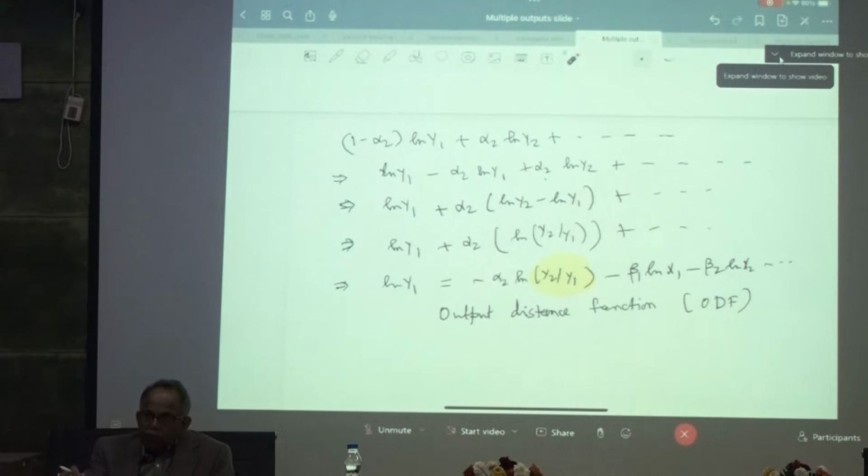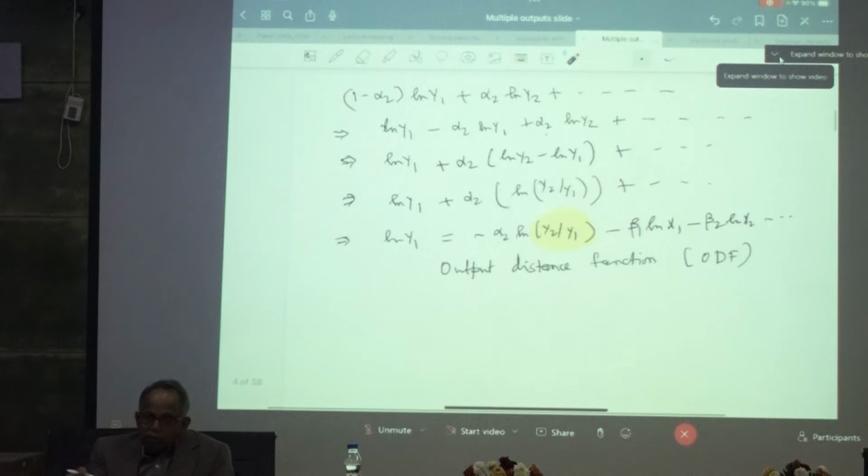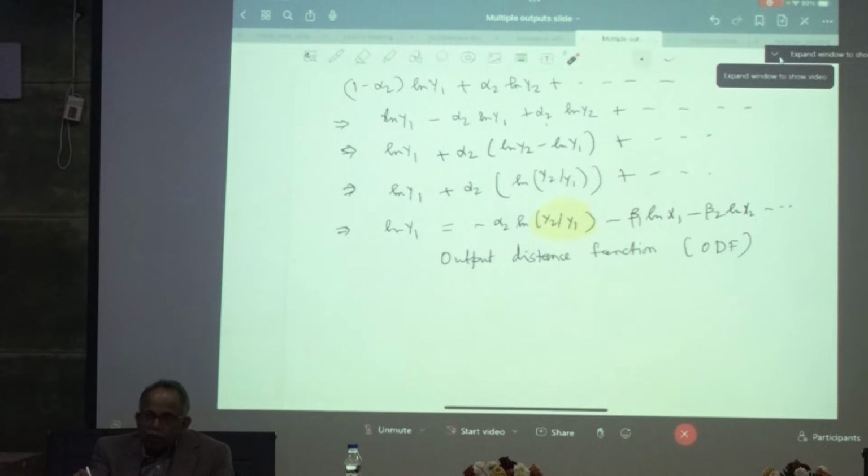Again, this is going to be related to output-oriented inefficiency that I'll be talking about in a minute after I finish this. So again, this looks not exactly like a production function. The only difference is that the right-hand part of the y variables are to be in the ratio form.